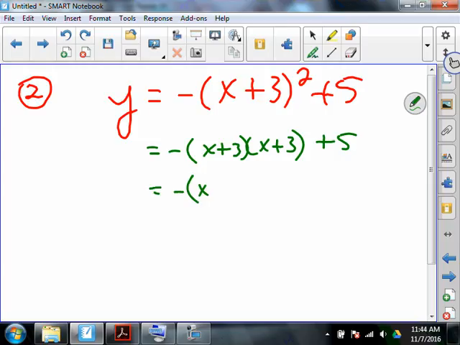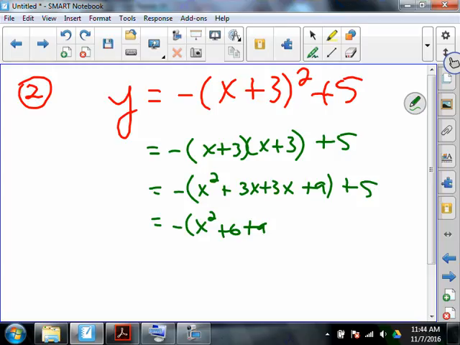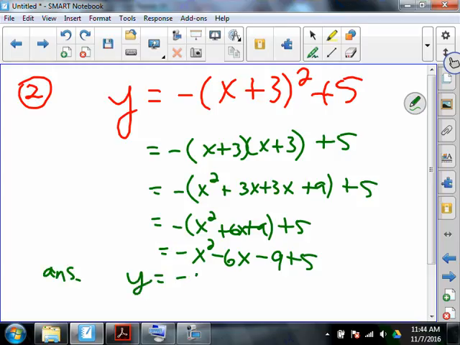I'm expanding that x plus 3. I know it's a lot of work here. I forgot my x. So now I'm distributing the negative. That's negative x squared minus 6x minus 9 plus 5. And so my answer, after all that work, is negative x squared minus 6x minus 4.